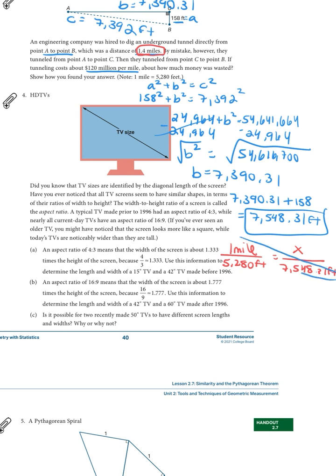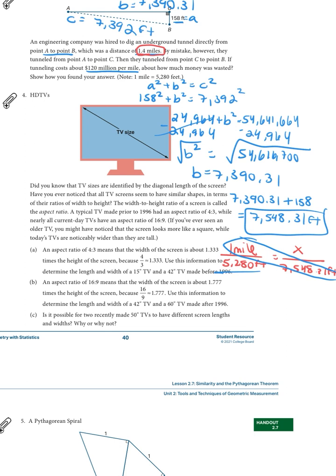So then I multiply these two. So I do 5,548.31. And then I divide it by this number right here, so divide it by 5280.